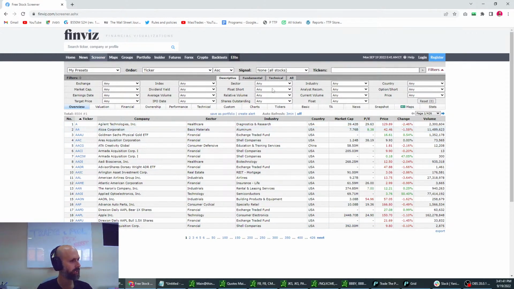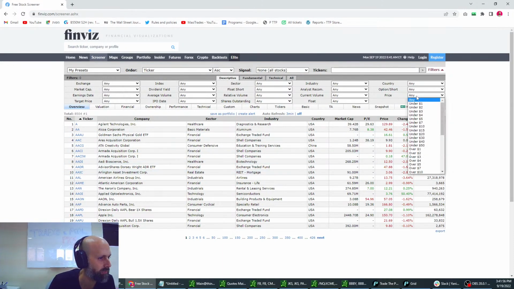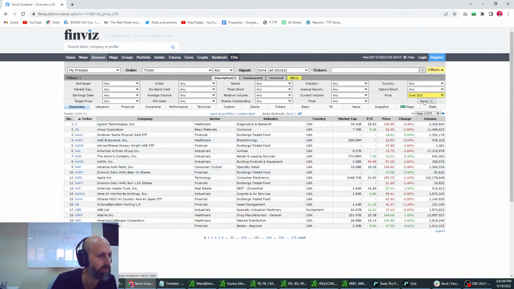What we can do here is scan and play with the descriptive tabs, the parameters, so we can find the right stock for us. So for example, I will go with the price first and I will choose over $10. And then I can go to the float short.